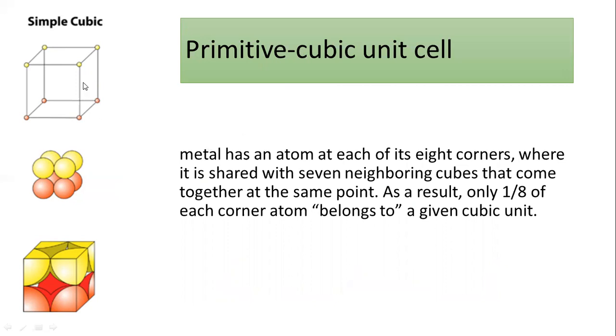The metal in this case has an atom at each of its eight corners: 1, 2, 3, 4, 5, 6, 7, 8. There are eight corners in a cube, where each is shared with seven neighboring cubes that come together at the same point.